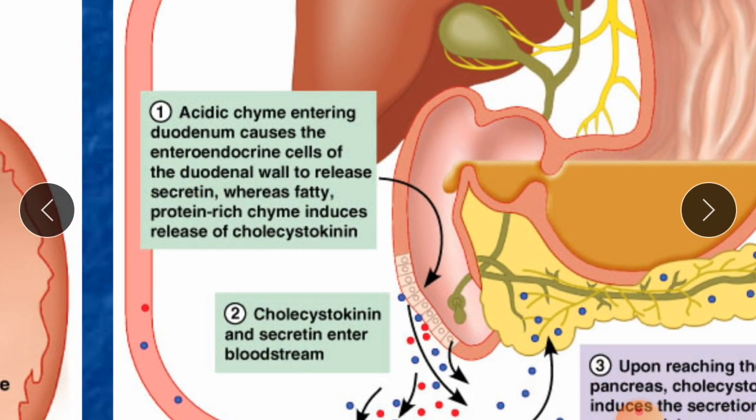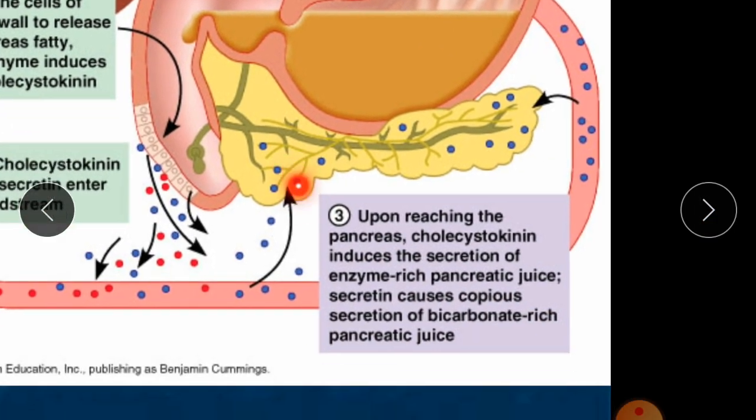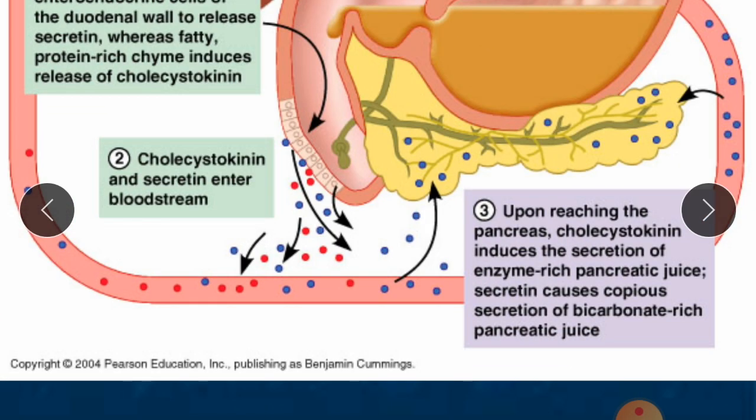These are hormones secreted from the small intestine, and they enter the bloodstream. Upon reaching the pancreas, cholecystokinin induces the secretion of enzyme rich pancreatic juice.